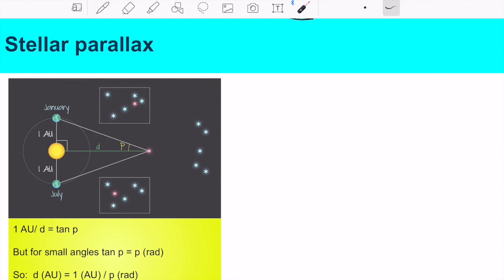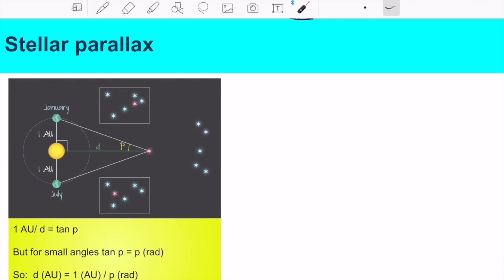So what happens if the angle is very small? If the angle is very small, the tangent of rho is equal to the angle rho in radians. That's a very good approximation for small angles, and this angle is really small because the distance to the star is huge compared to the distance to the Sun, right?